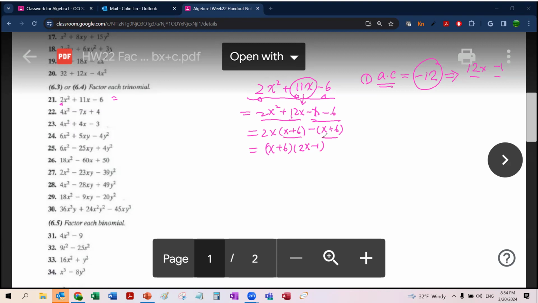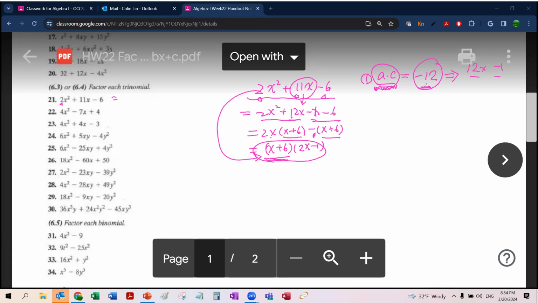Take this common part out first, and 2x minus 1. Here has 1 in front of here, right? That's not 0. The process is exactly the same as the previous one. The only thing is we do an additional step, a times c. You got negative 12, and then begin to factor.